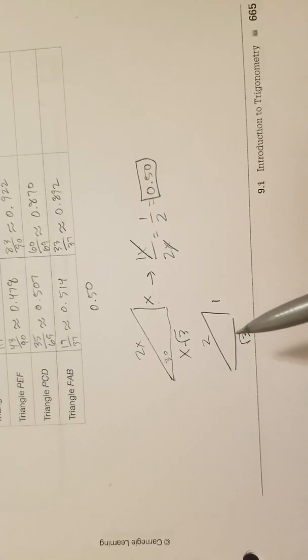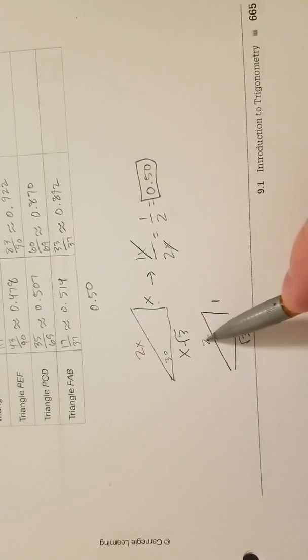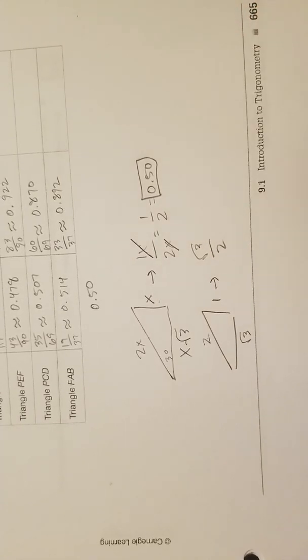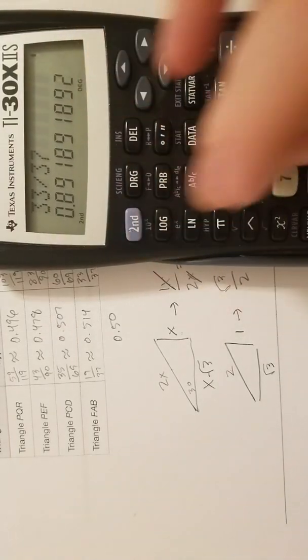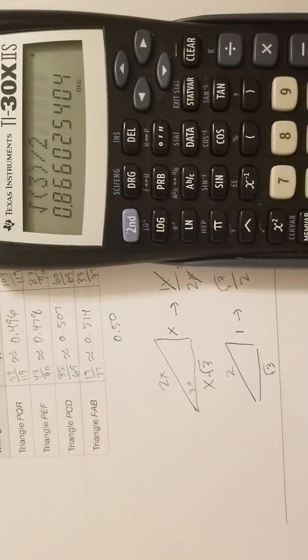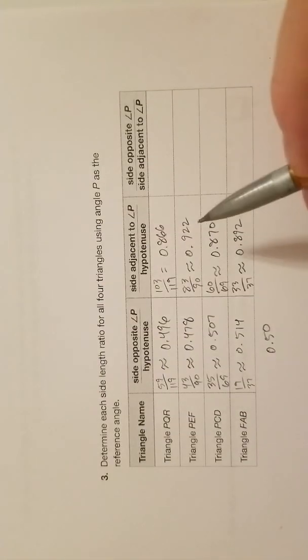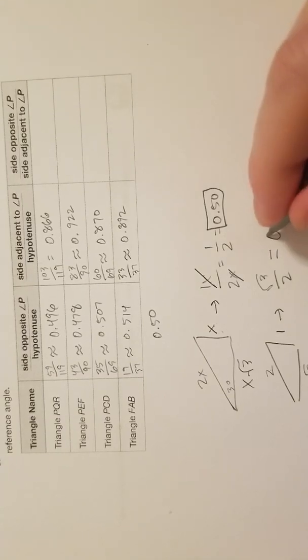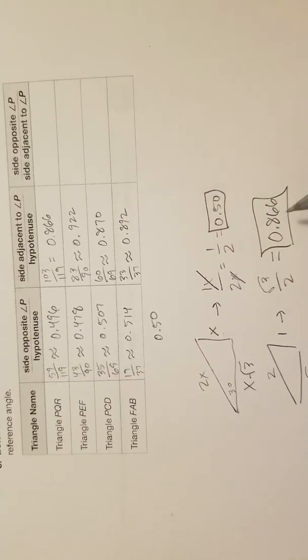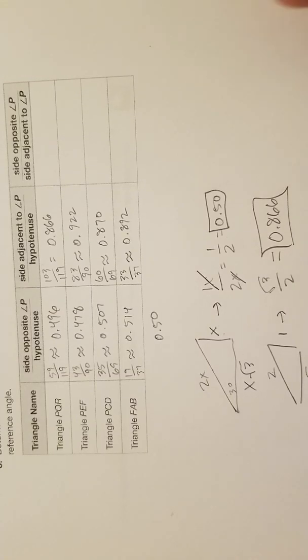So if I'm doing the adjacent divided by the hypotenuse, I'm basically doing rad 3 over 2. And what I should be getting is something very close to rad 3 divided by 2, which is 0.866. And that's exactly what I got for the very first one. That's pretty close. So all of those answers should be pretty close to this.